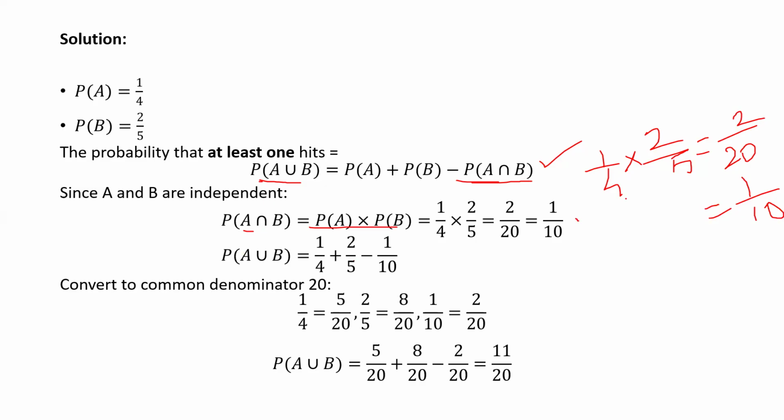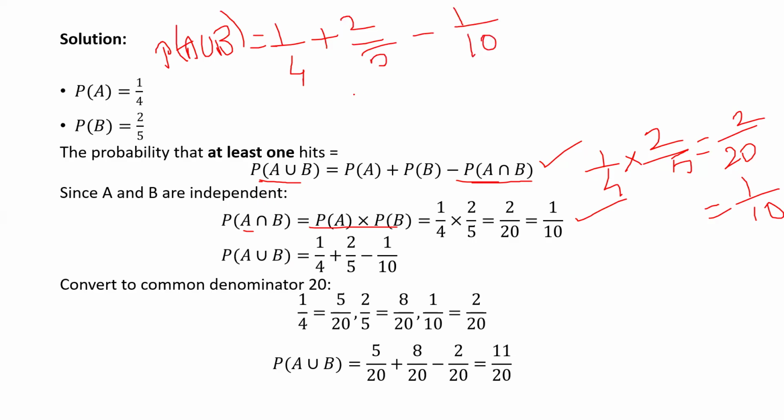Now we can apply P of A union B. What is P of A value? 1 by 4. What is P of B value? 2 by 5. What is P of A intersection B? 1 by 10, we got already. Now everything we can make as the same denominator, it will be best actually.